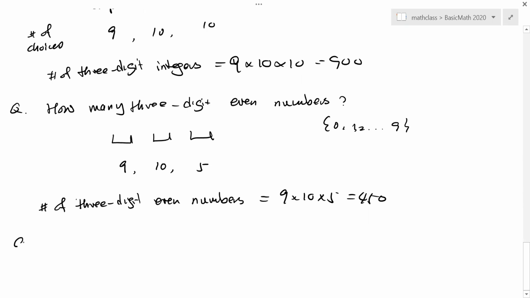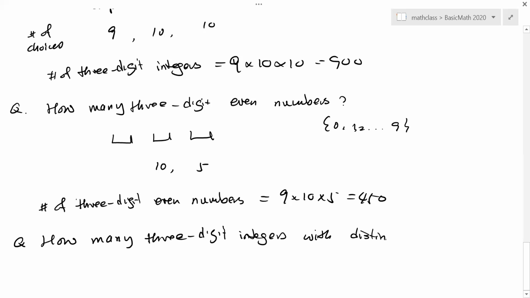Okay, our next problem is still 3-digit numbers, okay? We want to count 3-digit integers with distinct digits. This means we do not consider numbers like 144.